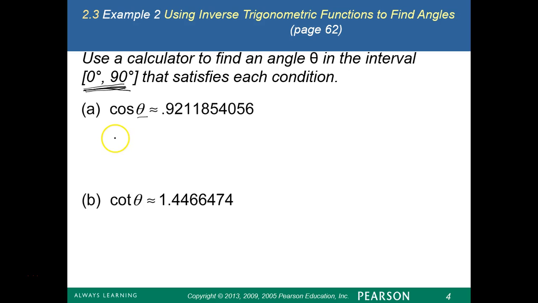What we are doing is solving this equation. Cosine theta is equal to 0.9211854056. How we solve for theta is we take the inverse cosine of both sides of our equation.